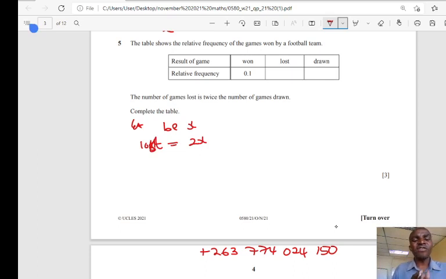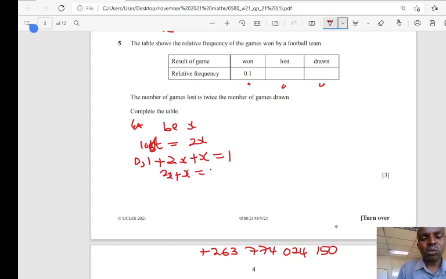Then under relative frequency, if you add all these relative frequencies, you must always get 1. They are more like probabilities, right? So it will be 0.1 plus 2x plus x is supposed to give you 1. Then collect like terms: 3x is equal to 1 minus 0.1, which is 0.9.